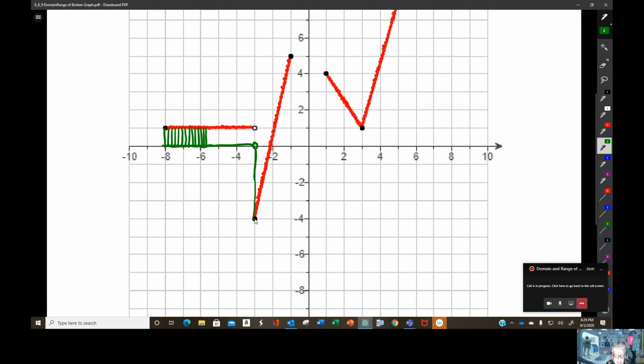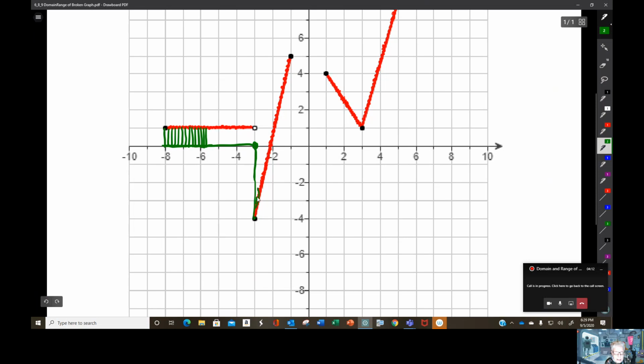And since X can equal -3 here, because the circle is filled in, that's going to fill in our dot there. So this closed point actually fills in the open circle there. Now we keep on.